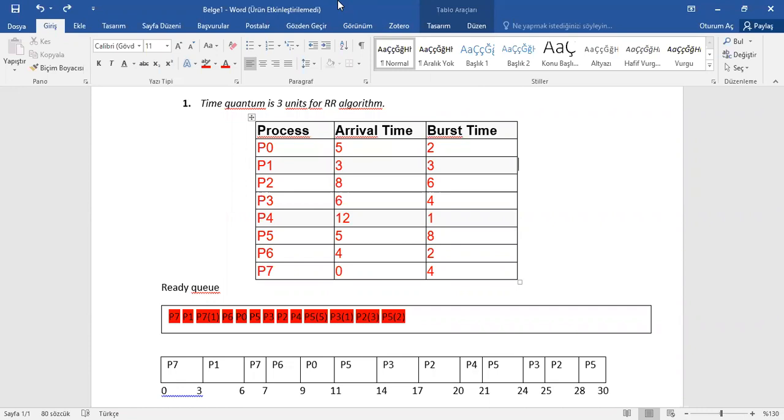Because I can see we have the arrival time, the process 7 here, we have 0. In round robin, you are not checking the burst time. This is not your thing to check. You are checking arrival time. In shortest job first, you are checking the burst time. So I never check the burst time, if you see.